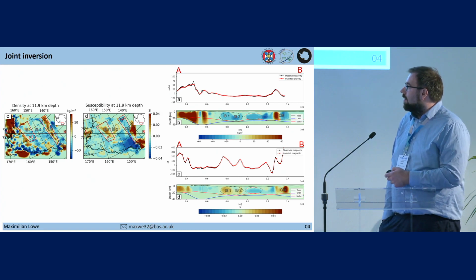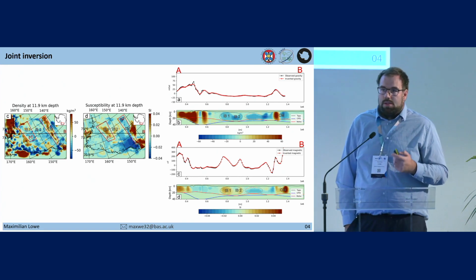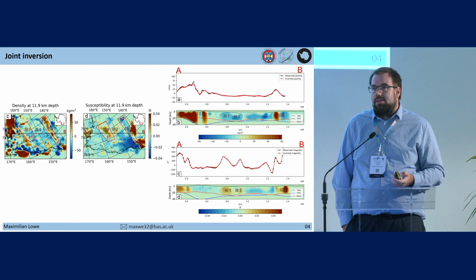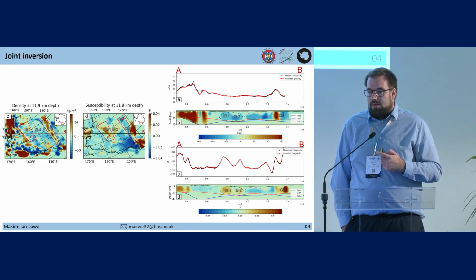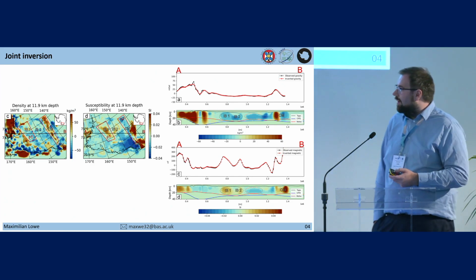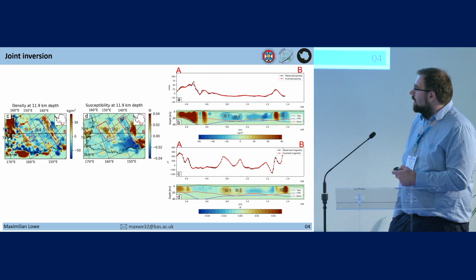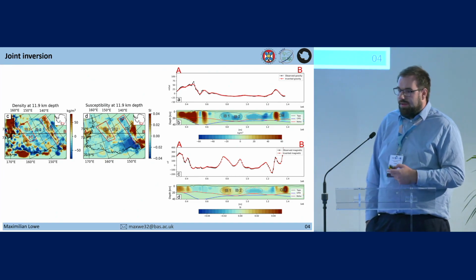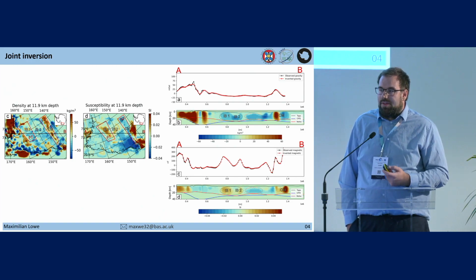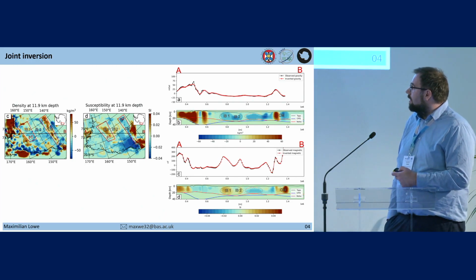That anomaly relates to density and susceptibility values which are typical for granites. So we interpret that it's probably a granitic intrusion, probably a batholith.